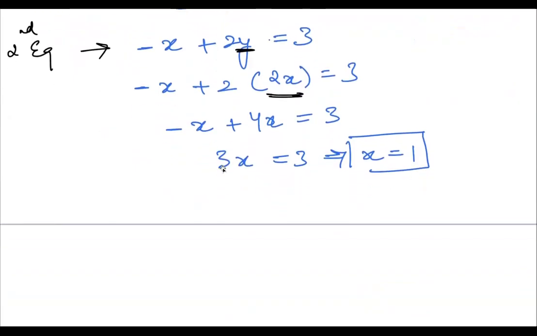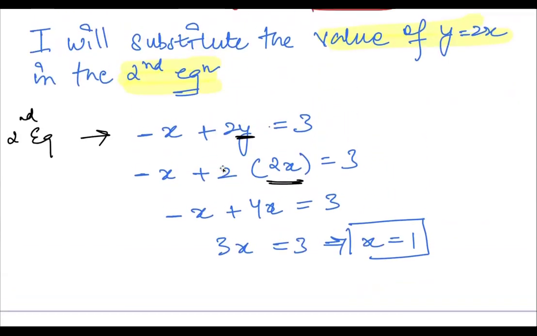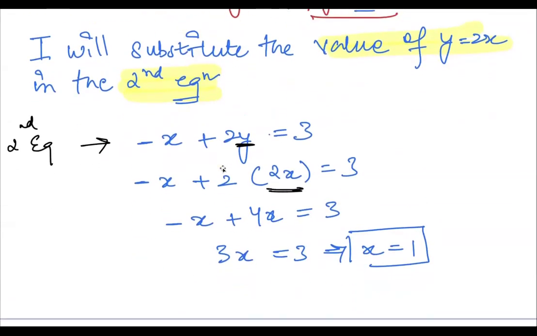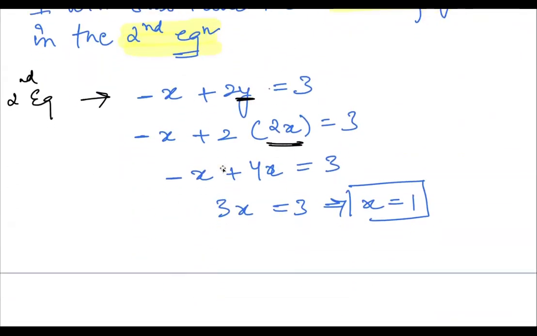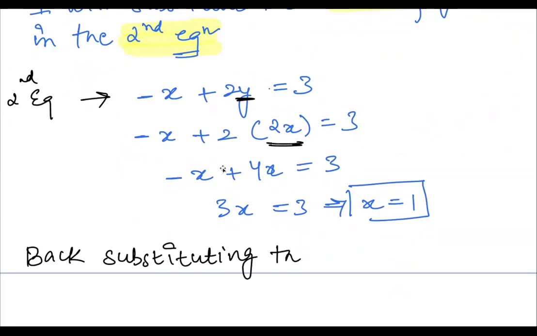Now, once I have this value of x equal to 1, can I put this value in this equation? So again, what I'll do is back substitute the value of x in equation first, right?